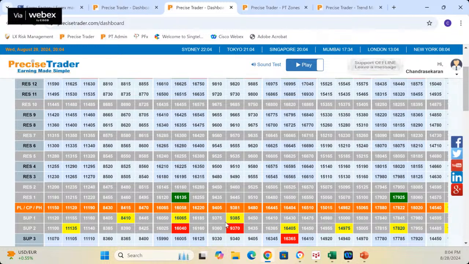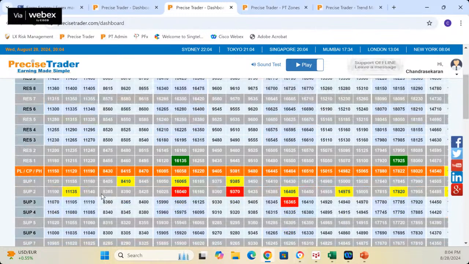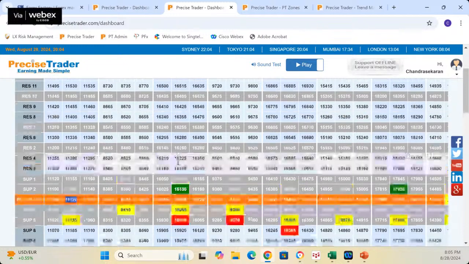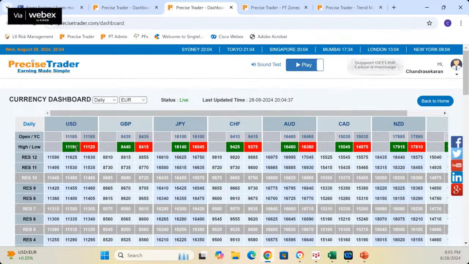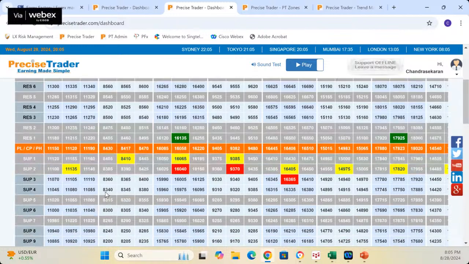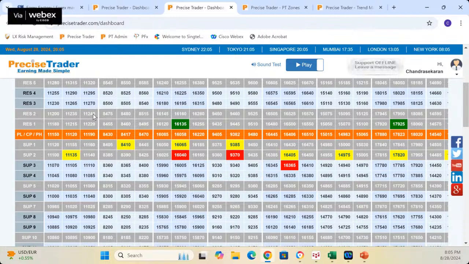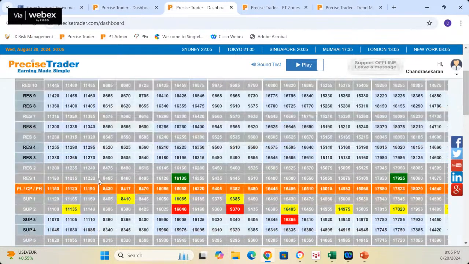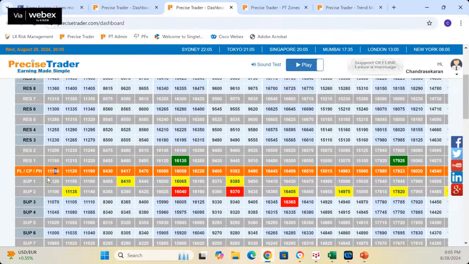Now euro dollar right now is trading at 1.1120. So this is the current price. Today's high is 1.1195 and today's low is 1.1120. That means the market is trading near the low, below yesterday's low, which is 1.1150.